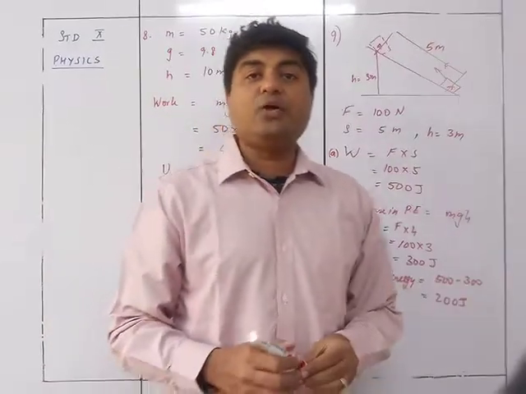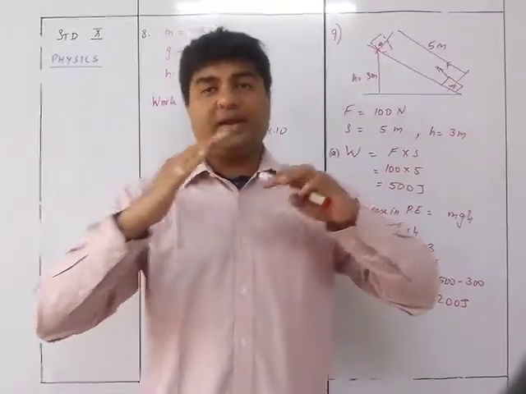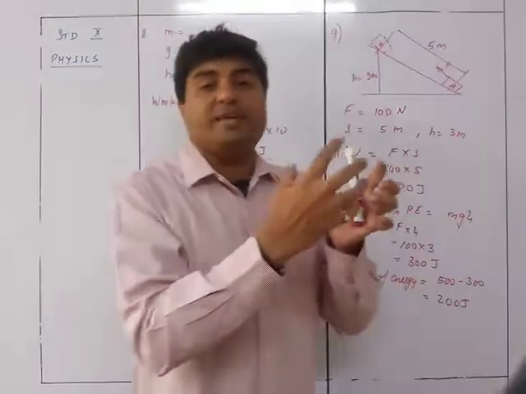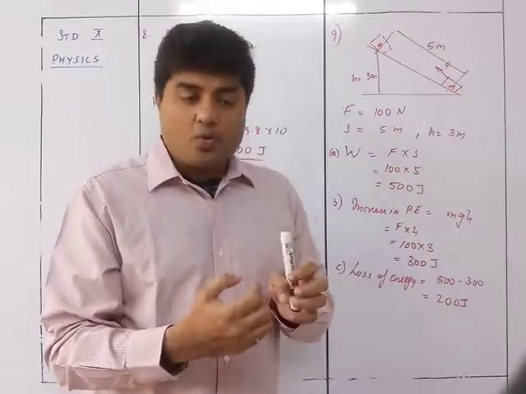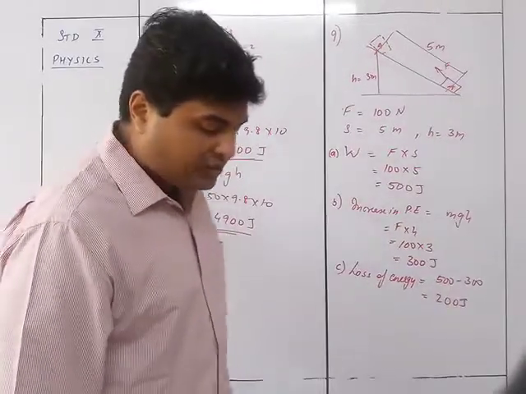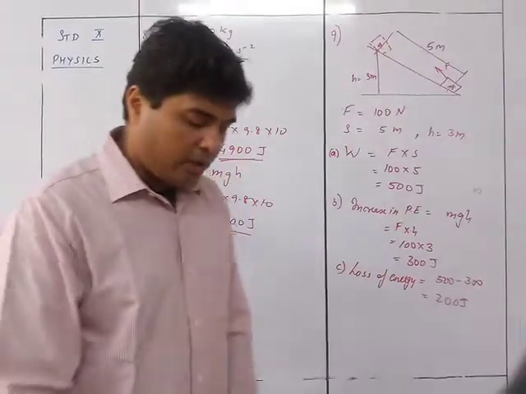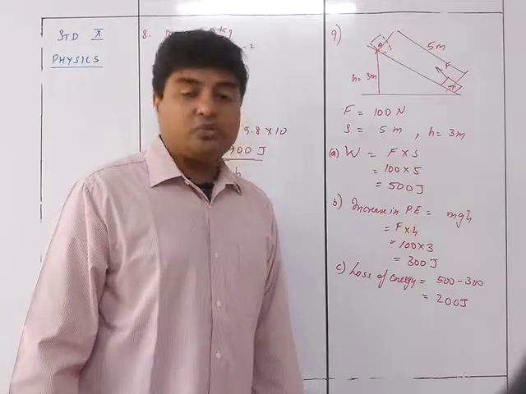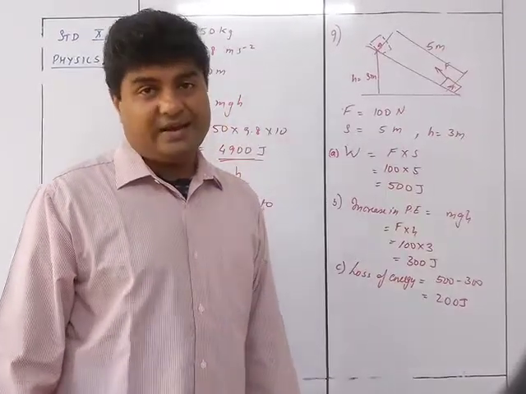Right, there is definitely going to be a friction because it is on a slope. So when you are pushing it, there will be a friction which is trying to pull it downwards. The gravitational pull and the friction is going to pull it downwards. So that is why we are saying that the energy, that is 200 joule, is used in doing work against the friction between the block and the slope, which will appear as heat energy also.